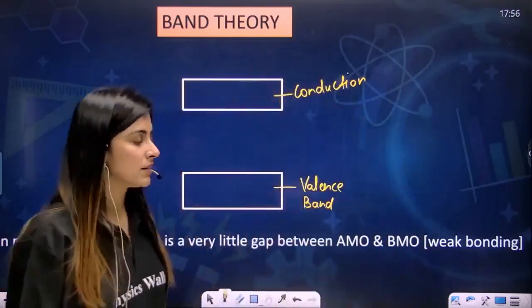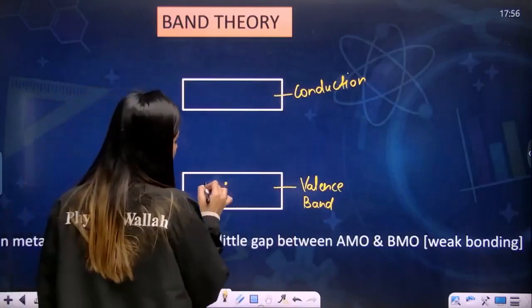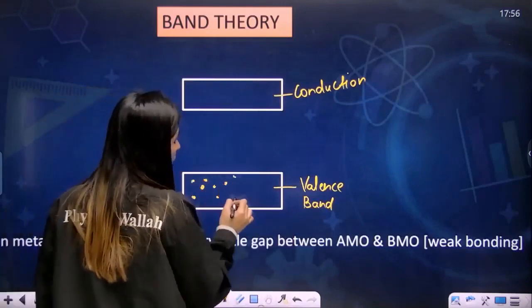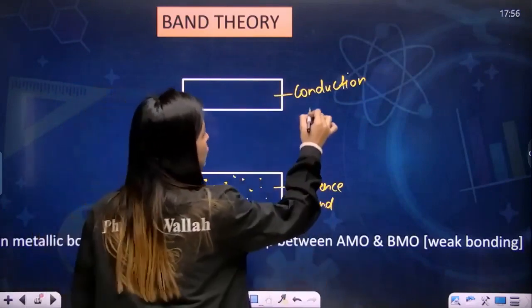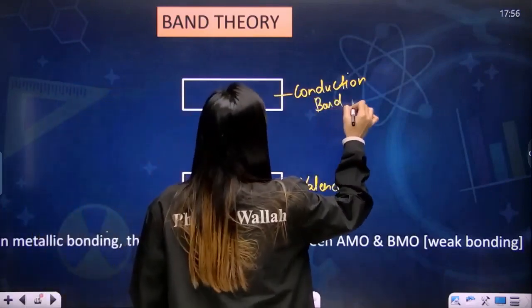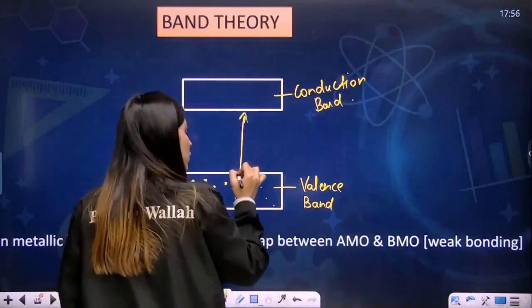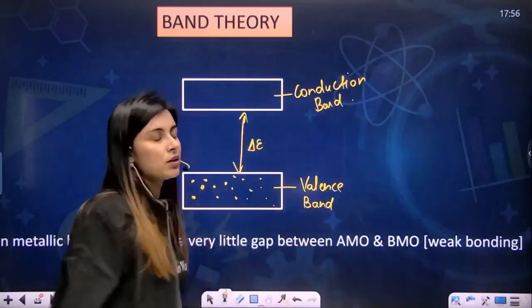Generally your valence band is completely filled. Your valence band is completely filled. And your conduction band is actually empty. So this is known as the energy gap between the 2 bands.